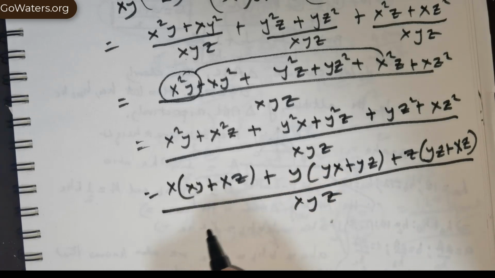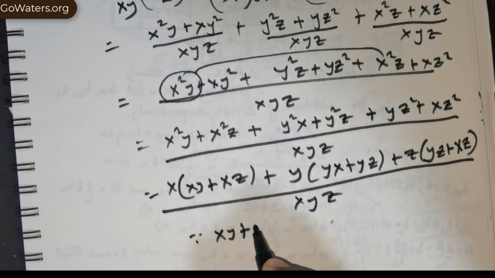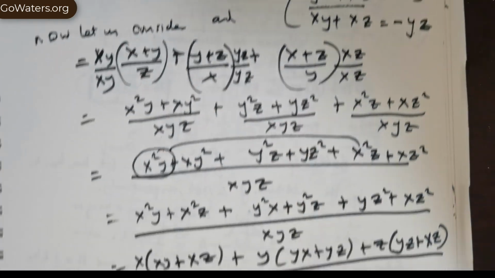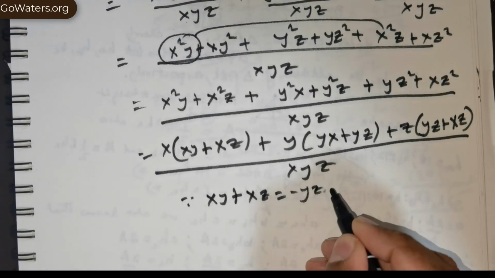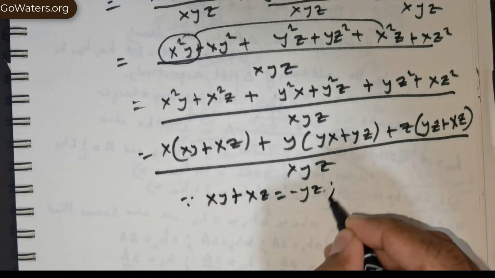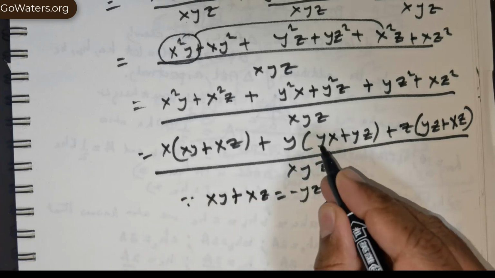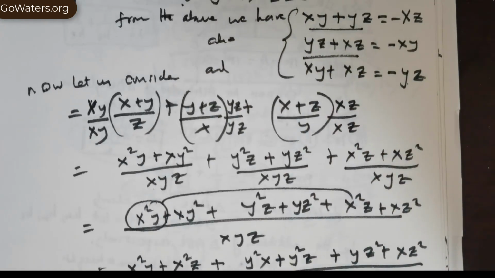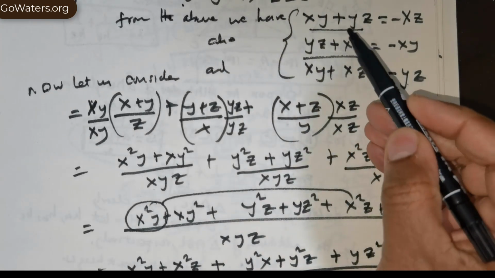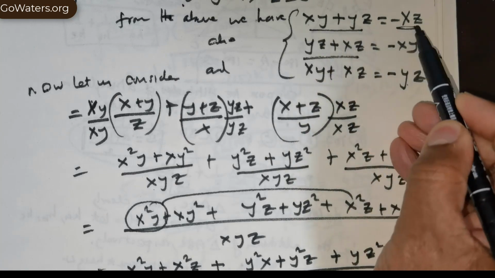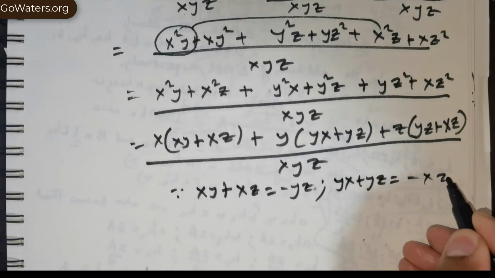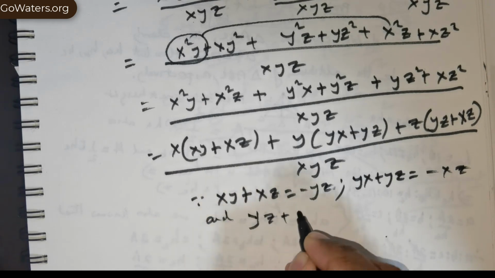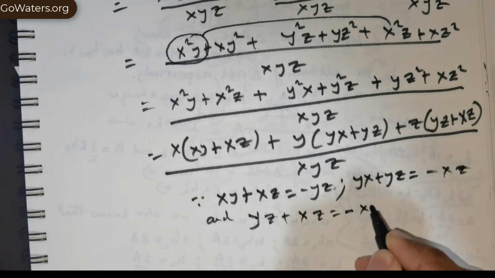Now xy + xz, what is that? That's going to be negative yz, right? And this one, yx + yz, what is that? xy + yz is negative xz, and we got yz + xz is equal to negative xy.